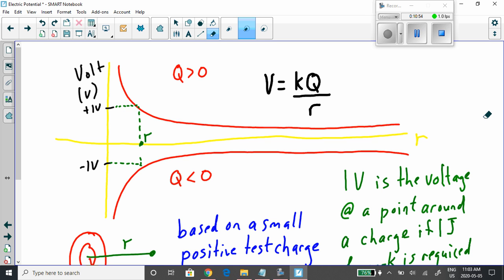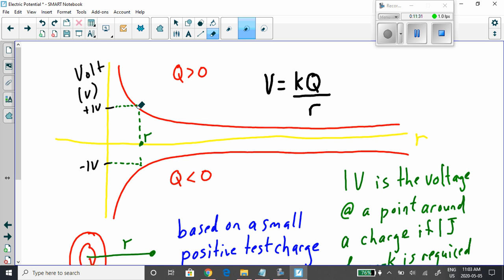So if I start moving this positive test charge closer and closer to the positive big Q charge that I'm investigating here, when I get to this point R away from the center of the positively charged particle, I started at infinity, and when I get to that spot and I have done 1 joule of work to bring these two positively charged particles together, I am at the 1 volt spot.